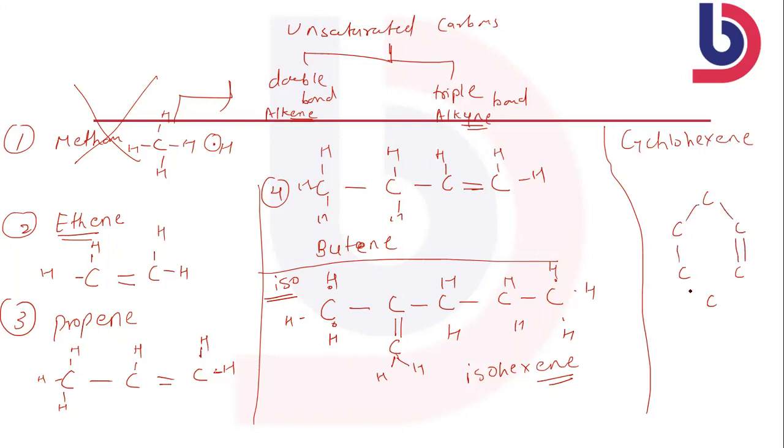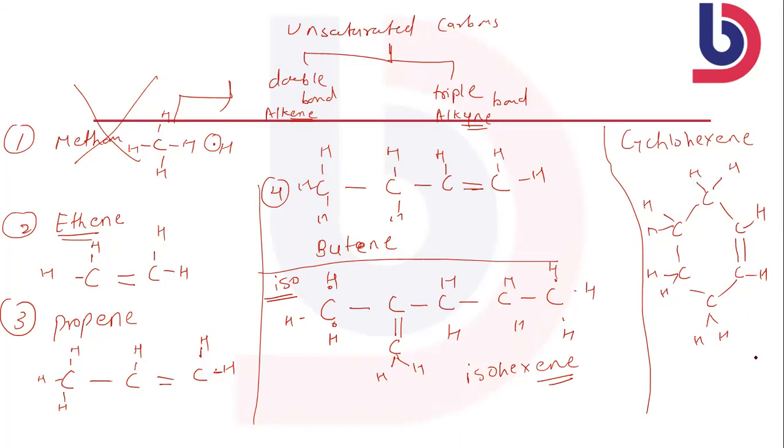Now the others basically have single bonds. If you check, the carbon has two valencies remaining, so both valencies are occupied by hydrogen. Like this. Now here you have only one hydrogen, here also only one hydrogen. Now this will be the cyclohexene structure.